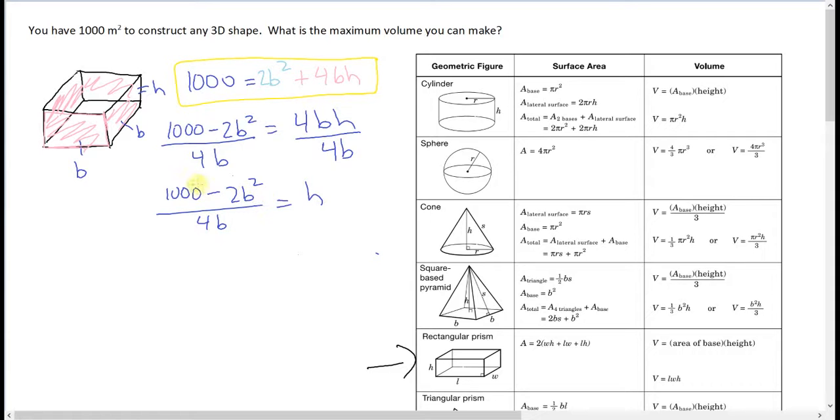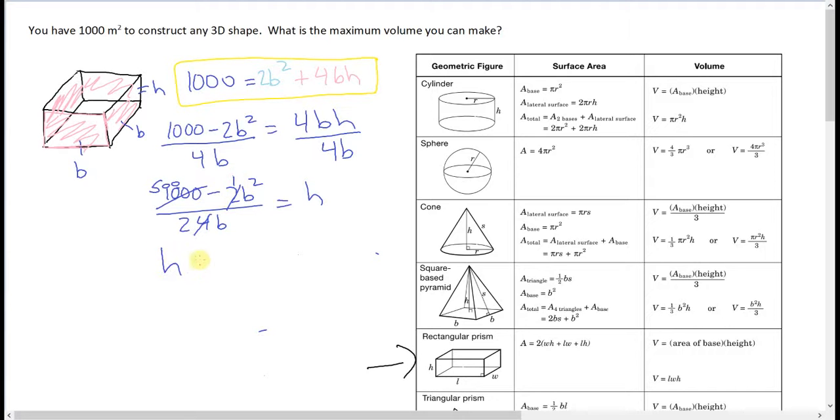Now, technically over here on the left-hand side, we could do a little bit of simplifying. Every single term is an even number, so we could divide every single term by 2. Divide the bottom by 2 and be left with 2, and divide the top. When we divide the top, we have to divide both terms. 500. 2 divided by 2 is 1.